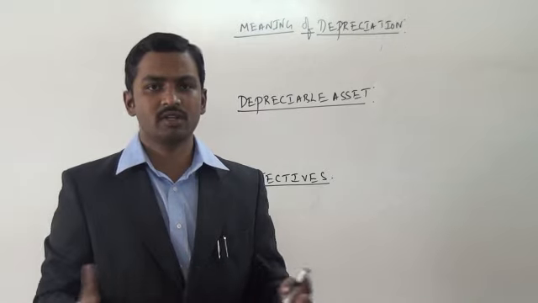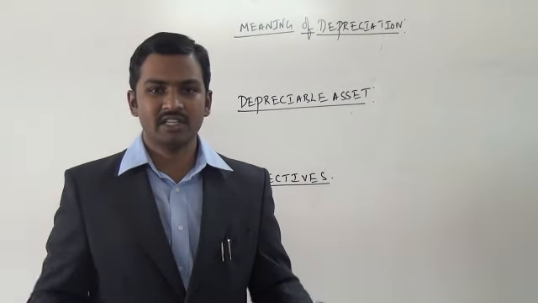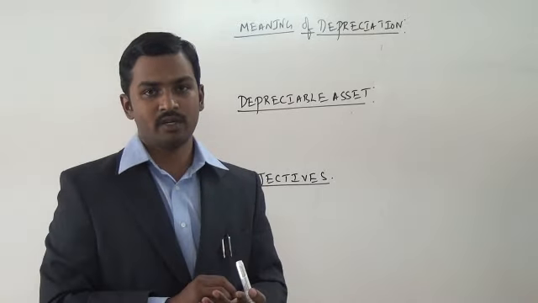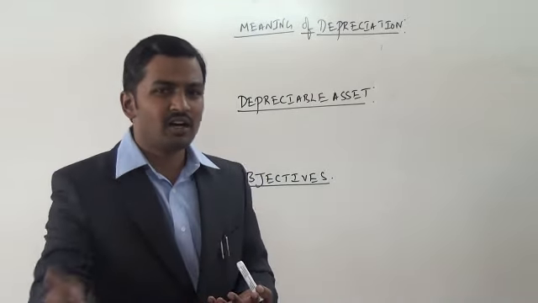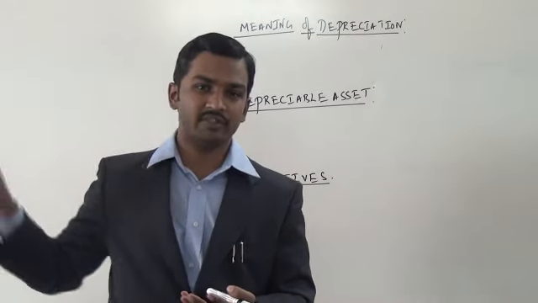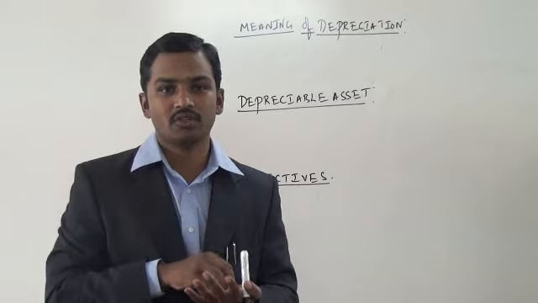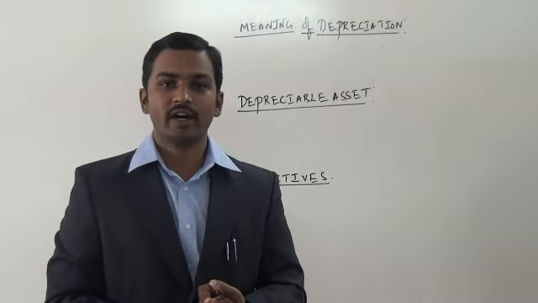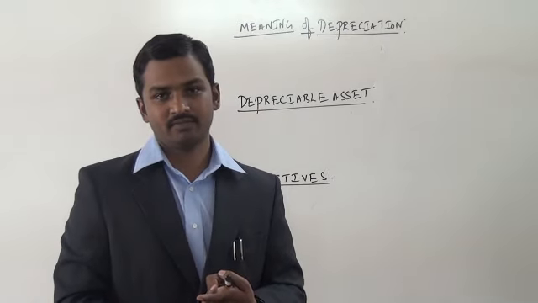It's also an item of expenditure like electricity, rent, salaries, wages, etc. It does not involve outflow of cash, but still there is some loss in value of the asset, and that loss also has to be included in the cost to arrive at the correct profit. So the first objective is to arrive at the correct profits.